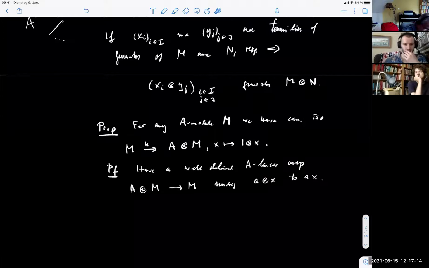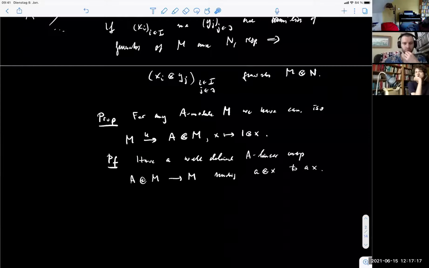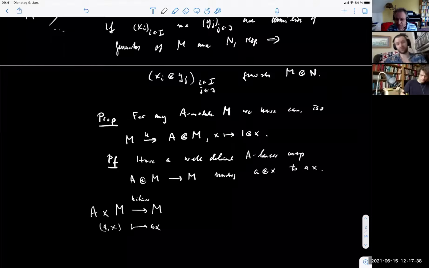It's always the same principle. So let me explain here in the box. What I for sure can do, I have this A bilinear map, A comma X goes to AX. This is a well-defined map, there's no problem with it, and it's bilinear by the axioms of the A modules. And then you use the universal property.